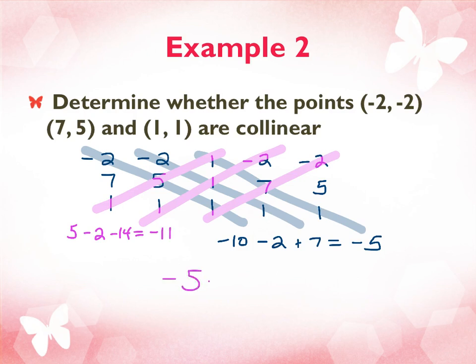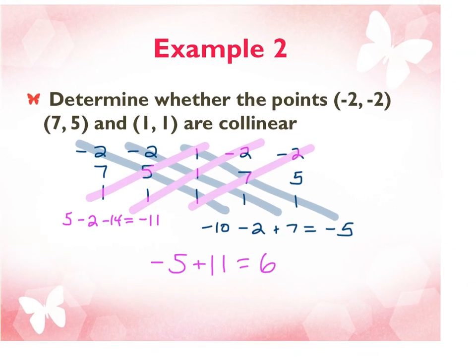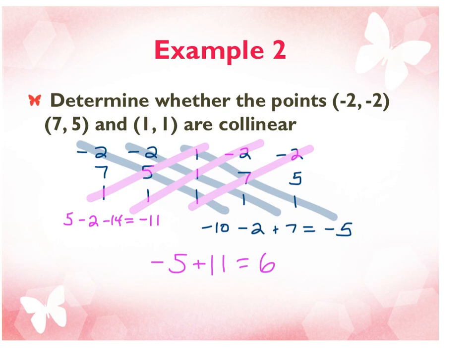I'm going to get negative 5 minus 11, minus a negative 11, which is 6. Are these points collinear? No. So if it's a 0, it's a yes. If it's anything but 0, it's a no. Questions?